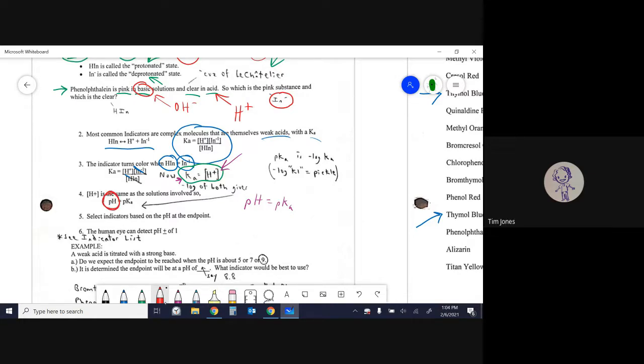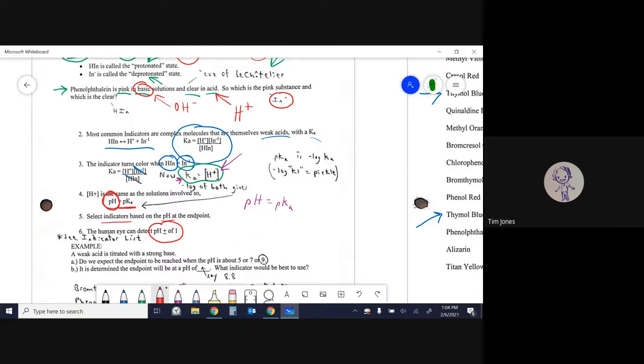You need an indicator that has a pKa that is roughly near that pH. So again, I'm talking about the Ka of the indicator, not the acid that's in the titration. And so you pick an indicator that's got a pKa near that pH. And number 6 just says you have a little room for error of about 1, plus or minus, in pH or pKa. Going much beyond that, you might introduce error into your lab.